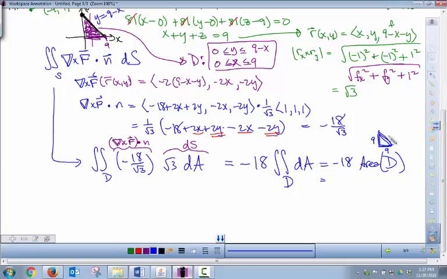So the height 9, base 9, so I have negative 18 times 1/2 base times height. Where's that 81? There's a bunch of 81s somewhere else too. So 9, 9, and 9. What is that? 9 cubed. Okay. Well, that was easy.